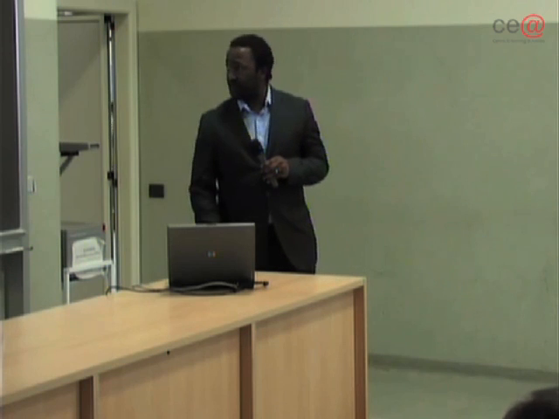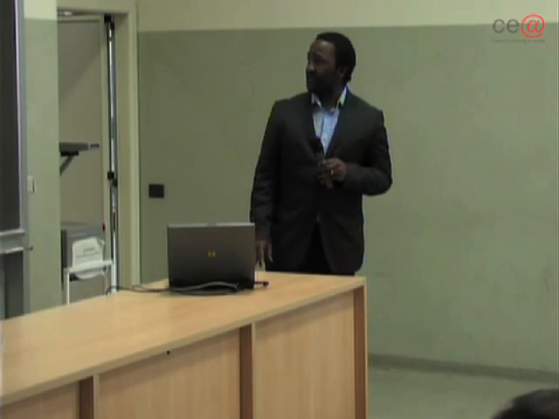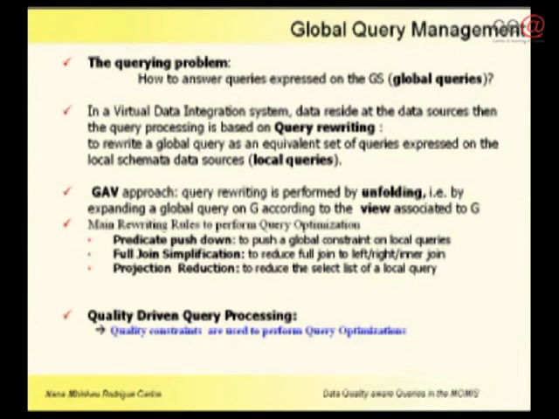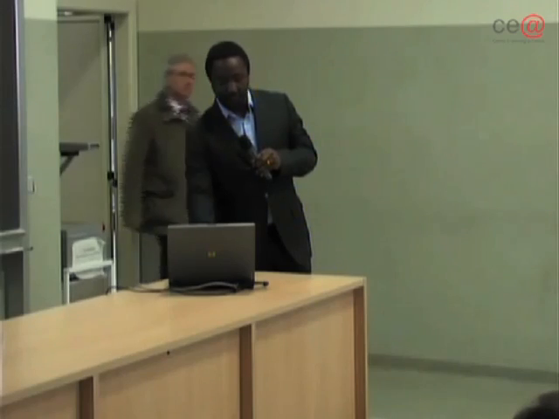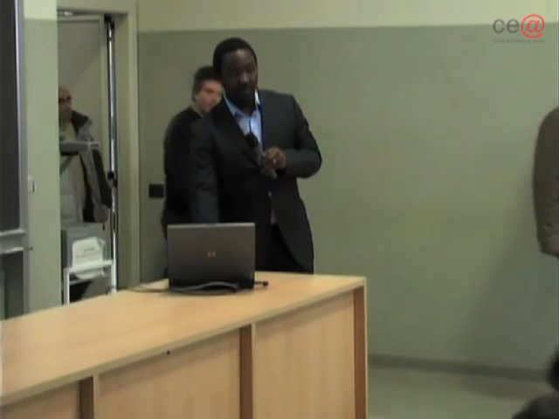In this work, we have performed many optimizations, for example predicate push down, full join simplification, and project reduction. We can give more detail on the process to obtain the result we present.